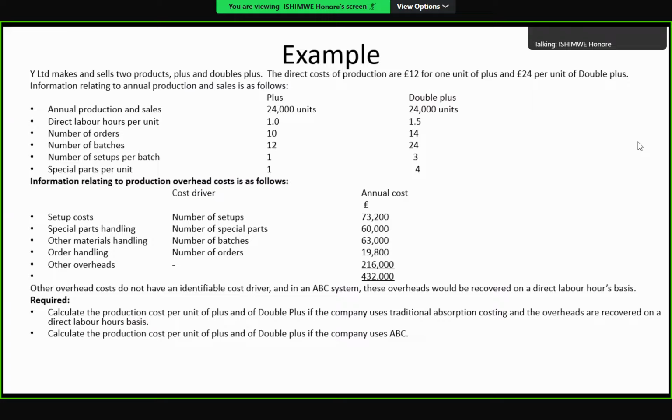But if the examiner says use machine hours, you have to use machine hours. If they say use this type of absorption, you have to use that basis of apportionment.